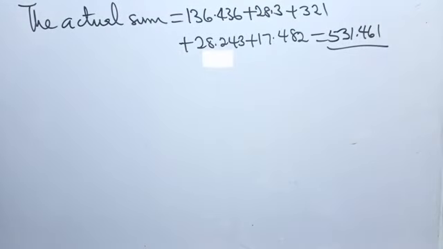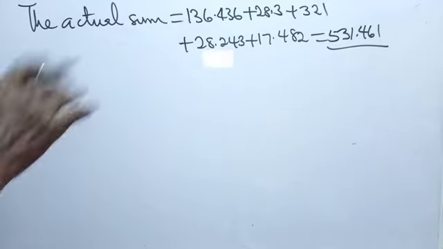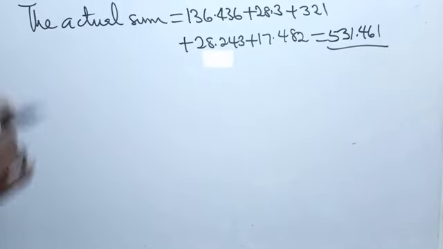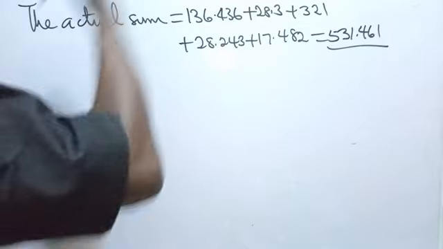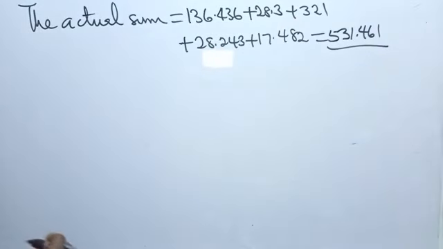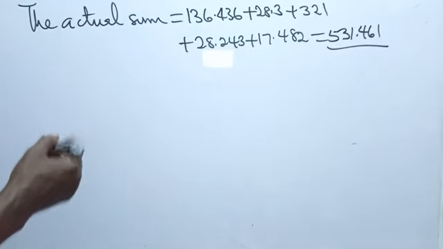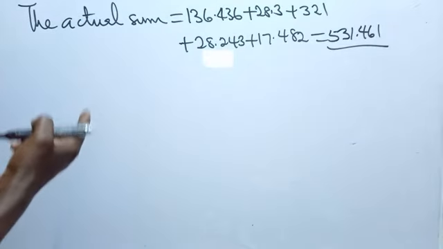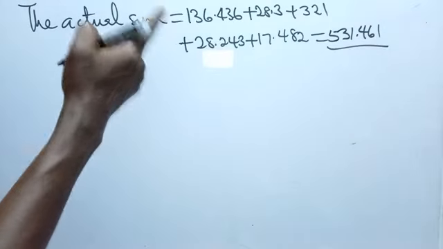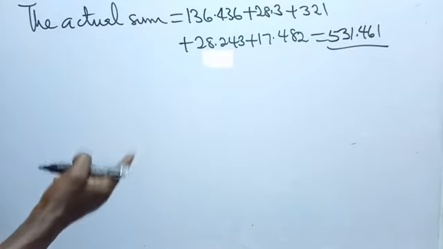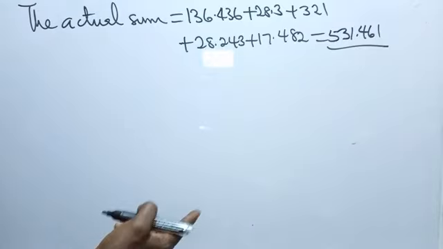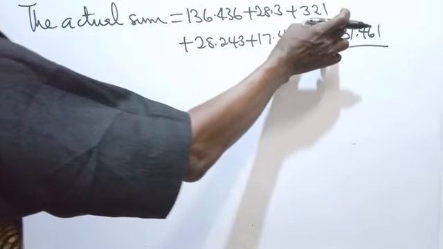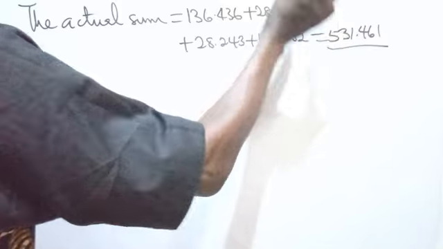So 321 is going to be our focus. It's going to be our reference data, the one we're going to use. Now, this 321 has 1 as the last digit. So if you want to look at how to find the errors of the others, how to round the other values off, we're going to round the other values off using the units we have here.